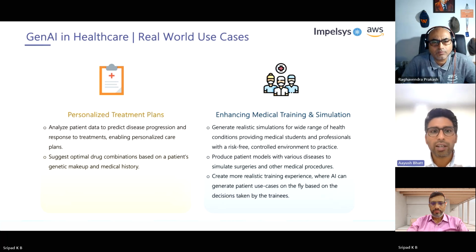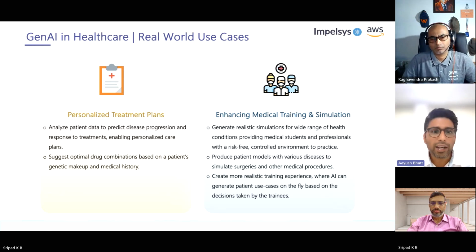And this again is very relatable because what industry has learned is that in the case of healthcare and allied healthcare professionals, there is a huge gap between classroom training and real world scenarios. So Gen AI can help in bridging this gap by creating real life simulations or on-the-fly use cases based on the learning pattern, and it can also create simulations for surgeries, medical procedures, how to manage diseases, and so on.